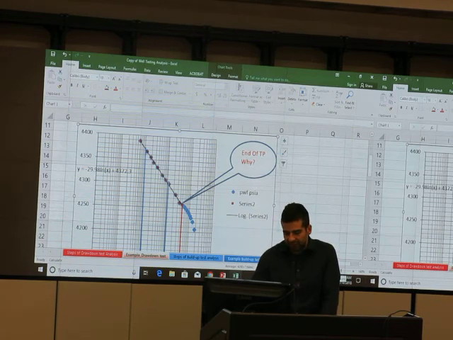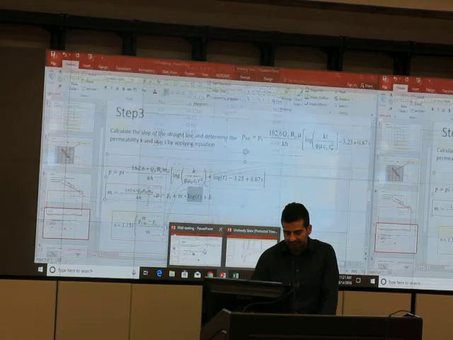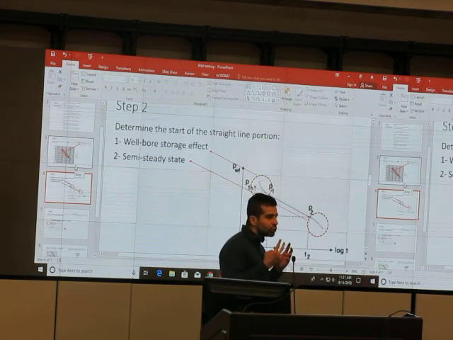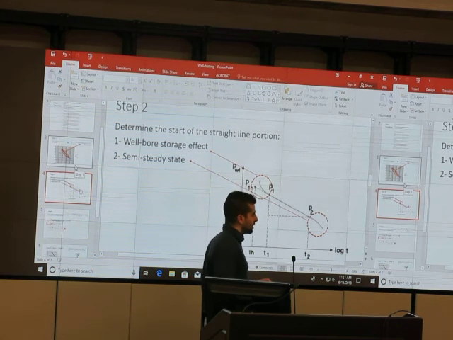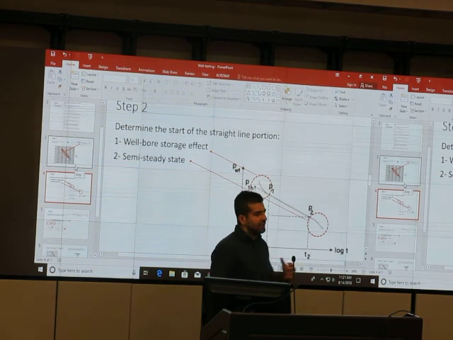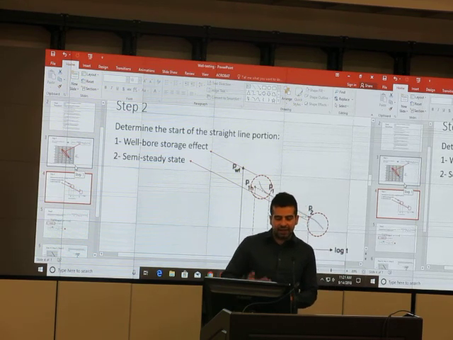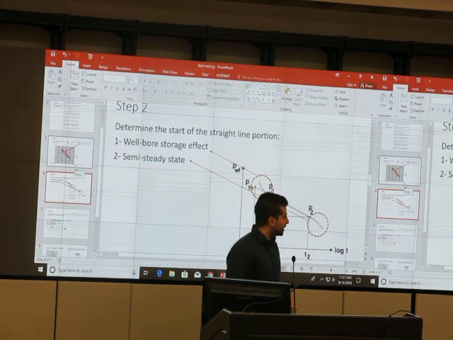Again, this is something that is very important, and I mentioned it here. You have two effects that would let your pressure data deviate from a linear line in a semi-log plot.